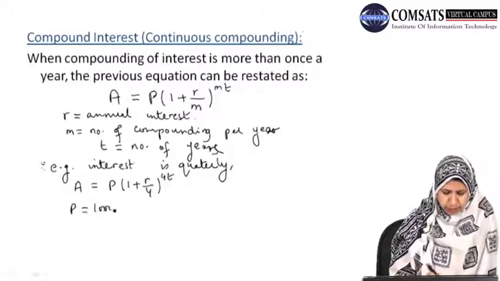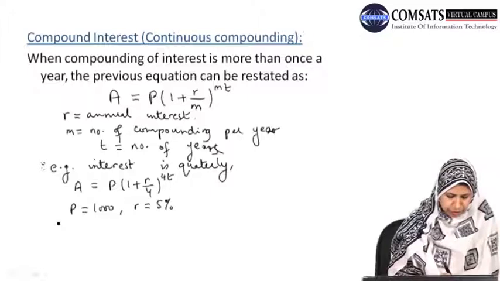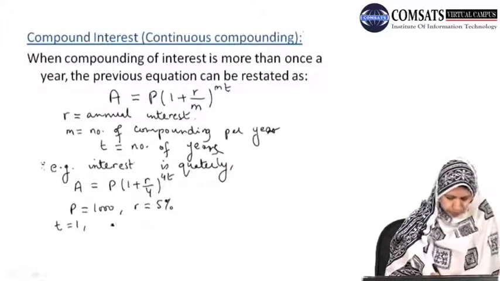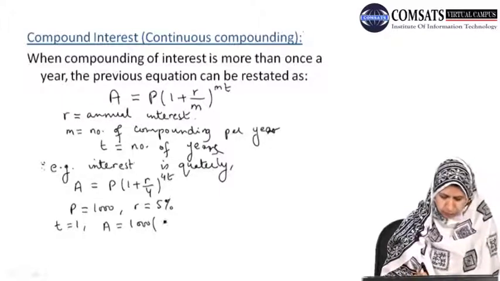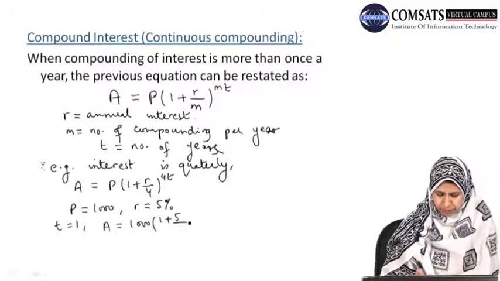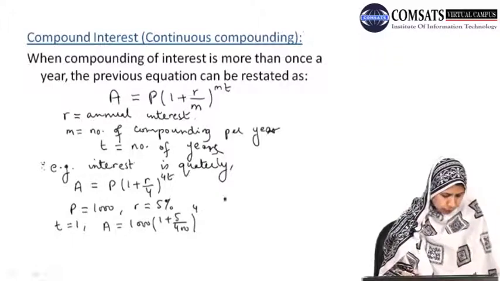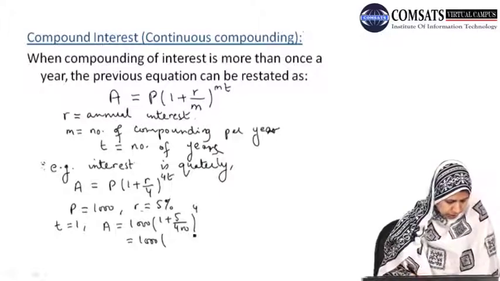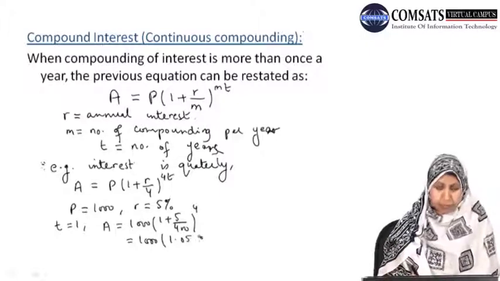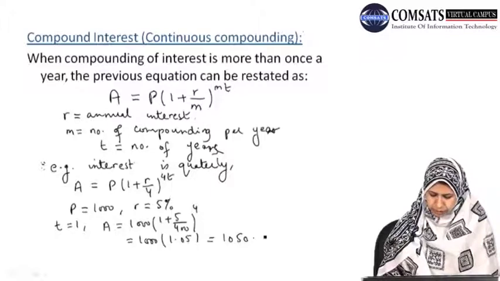Particularly if the principal amount is 1000 and the interest rate is, let's say, 5%, then after time t equals 1, the amount A will be equal to the principal amount into (1 plus 5 by 400) to the power 4, which after simplifying is 1000 into 1.05, and we obtain 1050.94.